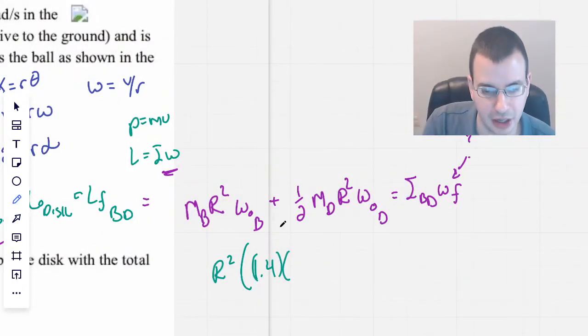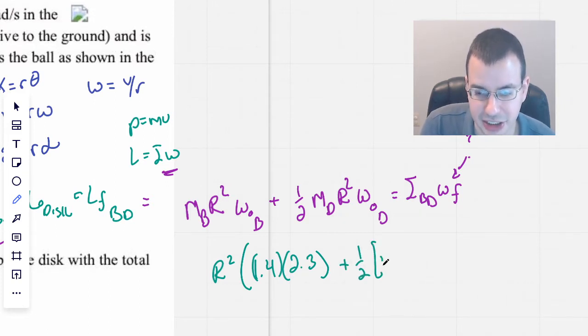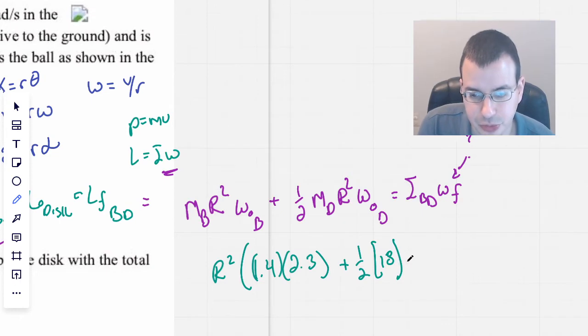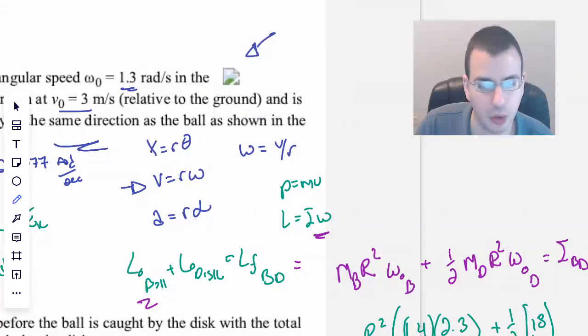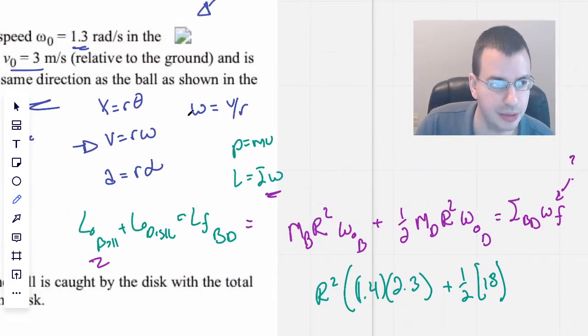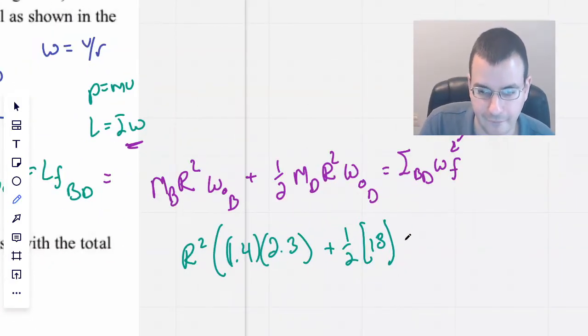angular speed of the ball, as we found earlier, plus 1/2 times the mass of the disk, which is 18, times the speed of the disk, which is 1.3. Says right up there, 1.3. I have 1.3s.